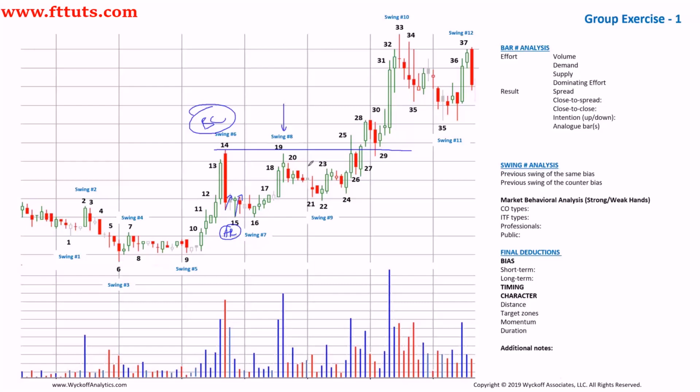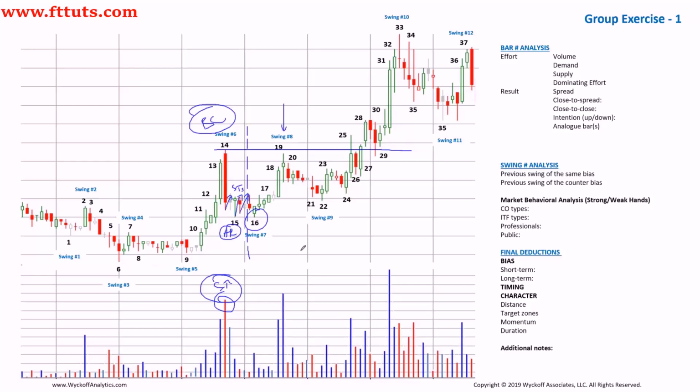Knowing what has happened, obviously, and it's easier when it happens this way, we know that probably the secondary tests in phase A were very mediocre attempts to retest. And they just didn't go up that much. Why? Well, because there is so much supply on bar number 14.